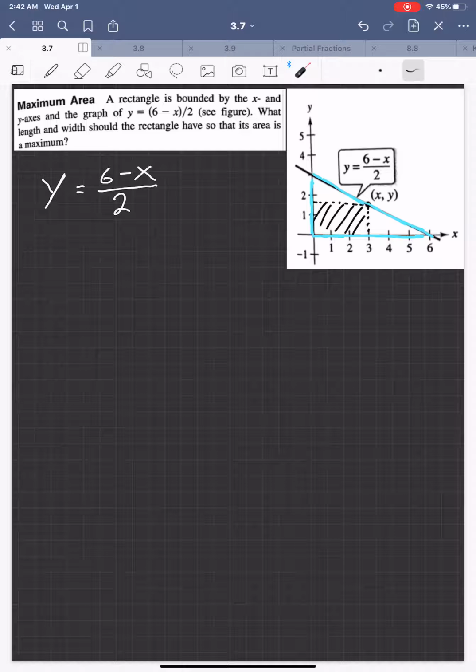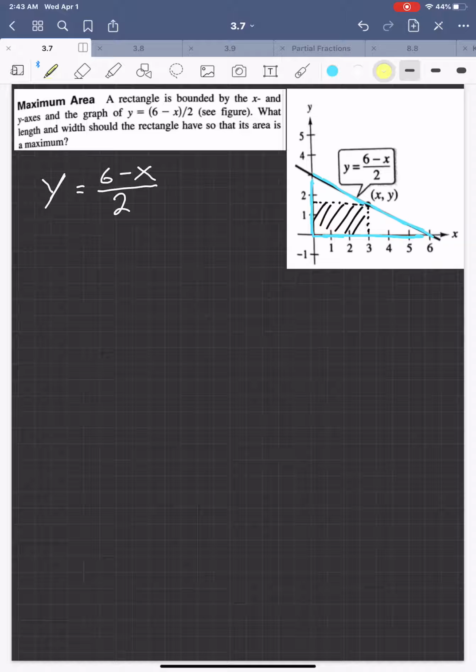I can move this point anywhere I want on this line, and I don't care where I stop, but I do want the rectangle that's formed to be a maximum. So the question now becomes, what xy value would produce the maximum area for this inscribed rectangle?